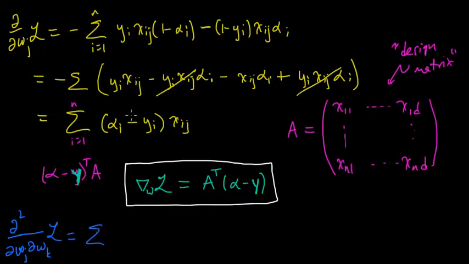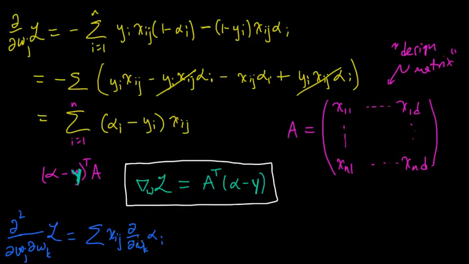Well, of course, the sum still sticks around, and this is all constant with respect to w. These are just some data stuff. And we have to take the derivative of this. So we're going to get xij times the derivative of alpha I with respect to wk.